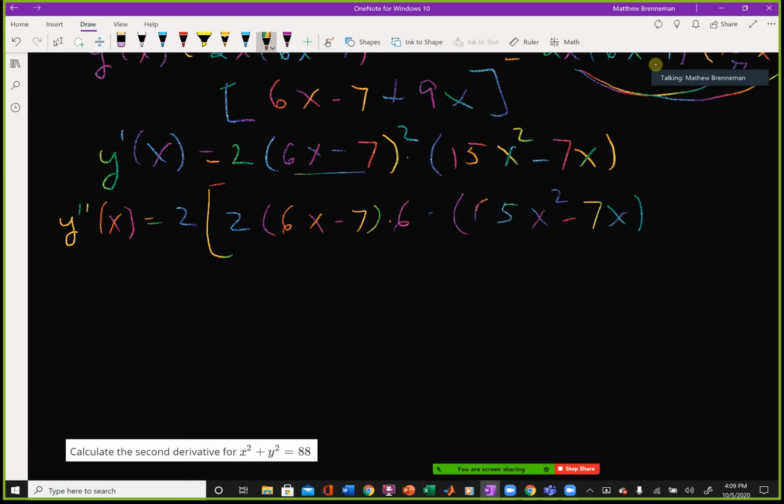And now here, for the second term, of course, nothing happens to the first factor, right? So this just becomes (6x minus 7) squared. And now I'm taking the derivative of the second term, which is a sum of power functions. So this will just be 30x to the first minus 7.